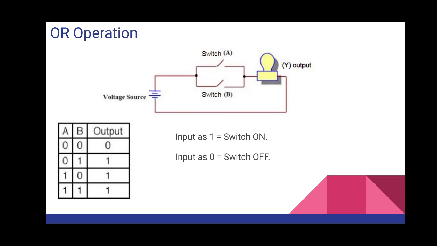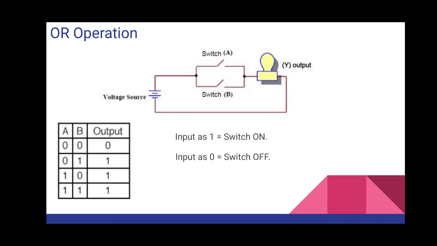Now observe, if both the switches are off, means open, so the current will start flowing from the battery, and it will come to the point and it will split. It will go to A, it will go to B also, but it will check that both are open, so it cannot move forward. Right? So the current will stop there itself. So will my bulb glow? That is, will my output be 1? No, because my current is not going to the bulb, so it won't glow, right?